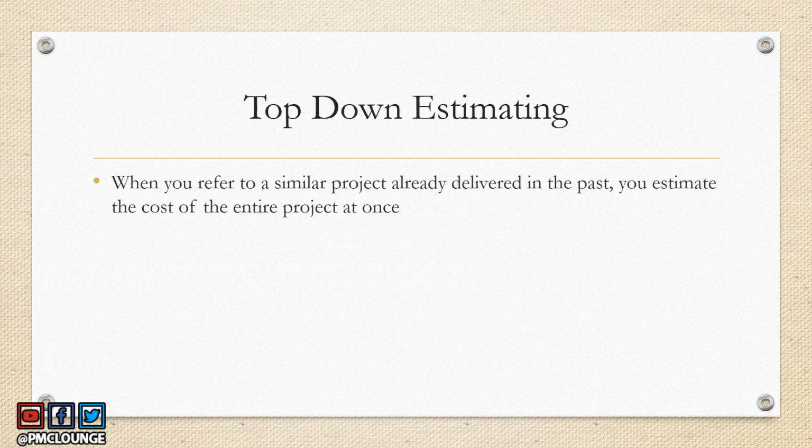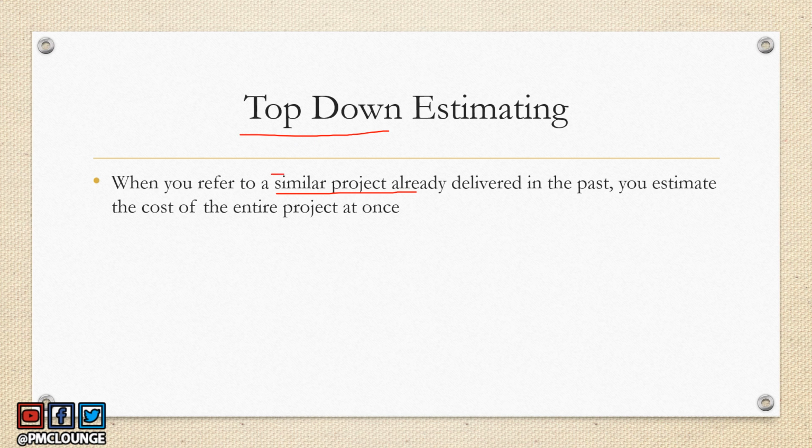So when you refer to a similar project already delivered in the past, you estimate the cost of the entire current project at once. That is basically the whole idea behind top-down estimating, where you look at a similar project which was already delivered in the past, and then you compare that project with the current one that you have.